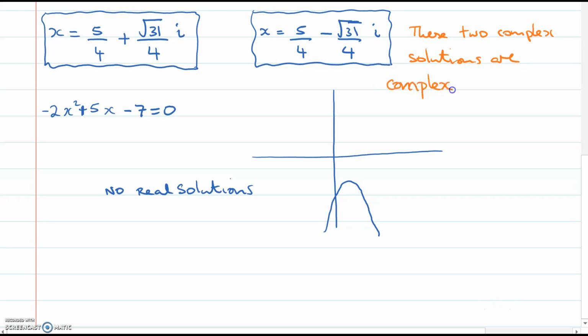Remember complex conjugates? We change the sign of the i part. 5 over 4 plus root 31 over 4i, 5 over 4 minus root 31 over 4i. So we've met all this before in theory, and now we're seeing it again coming up this way. Okay, thanks for sticking it out.